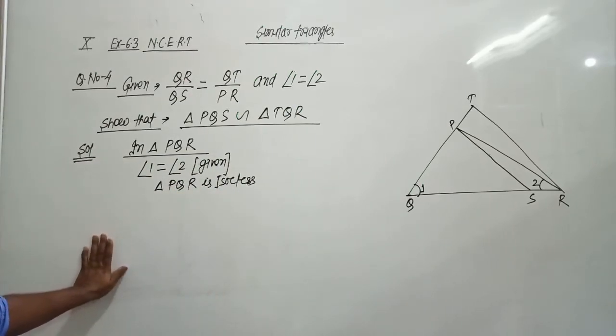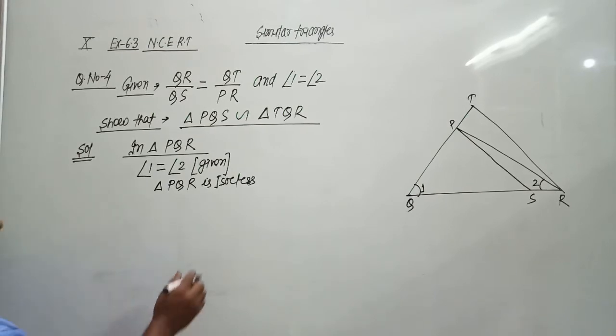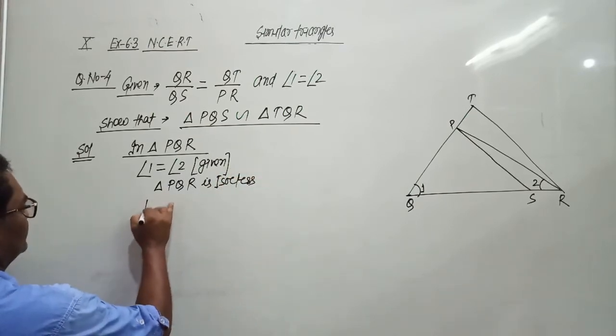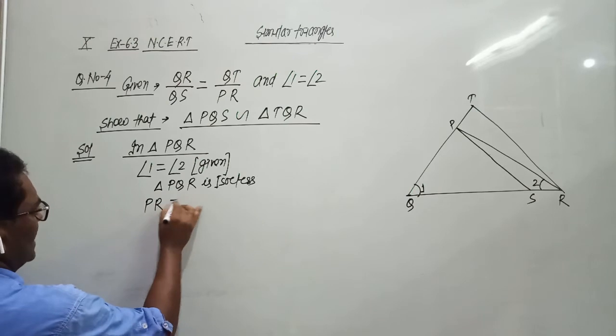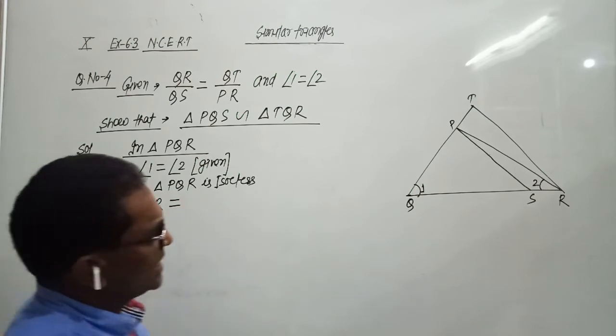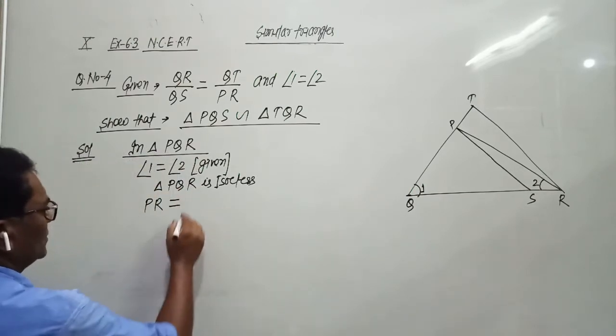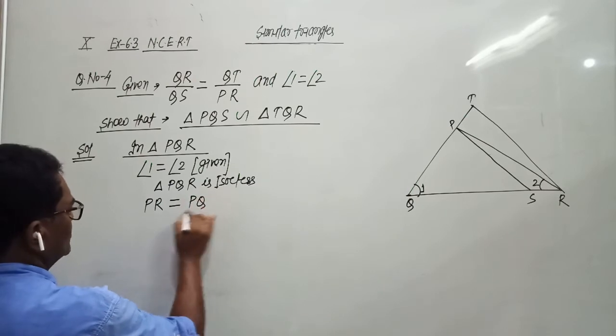So the side opposite to angle 1 is PR, and the side opposite to angle 2 is PQ. So PR equals PQ.